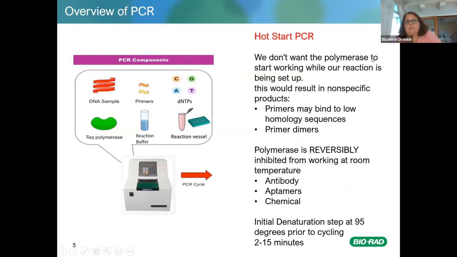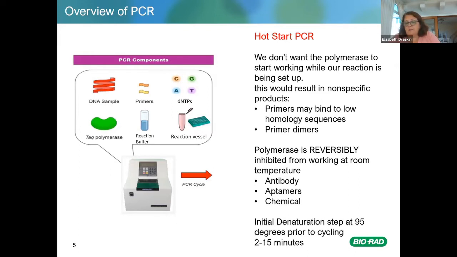One other thing I want to mention about PCR is that I'm referring to all of this meaning hot start. So you may have heard the term hot start, and basically the polymerase is being reversibly inhibited from working at room temperature by the addition of an antibody or aptamers or chemical.